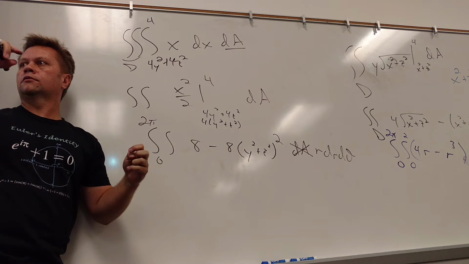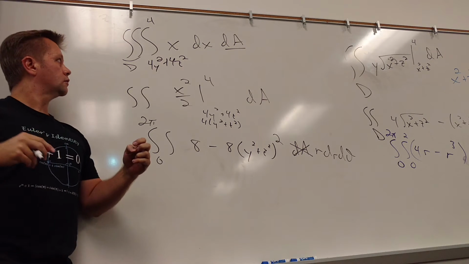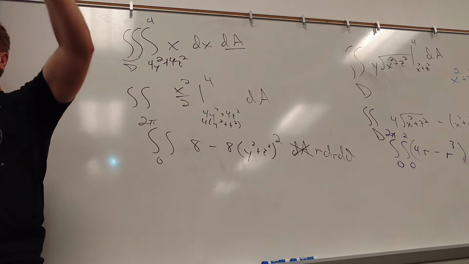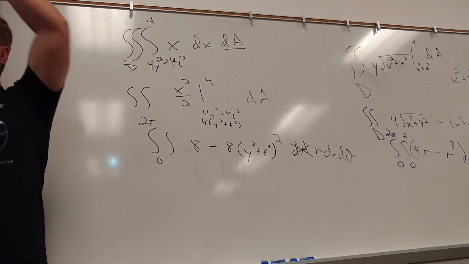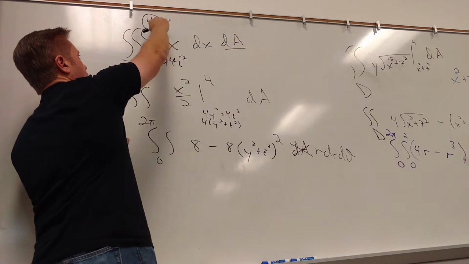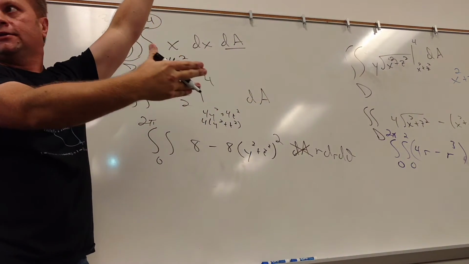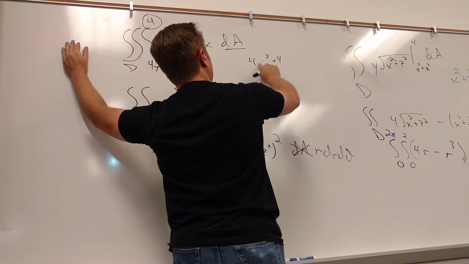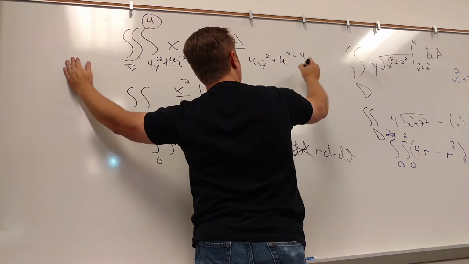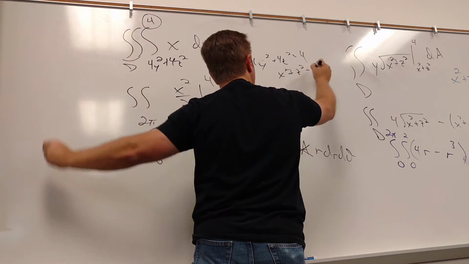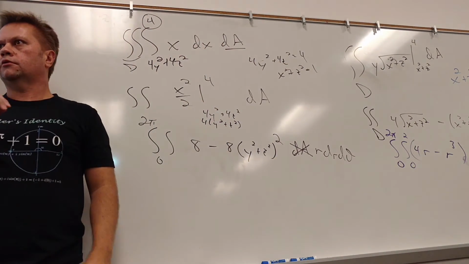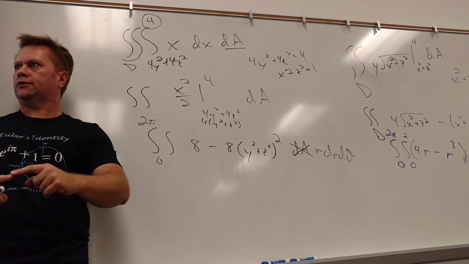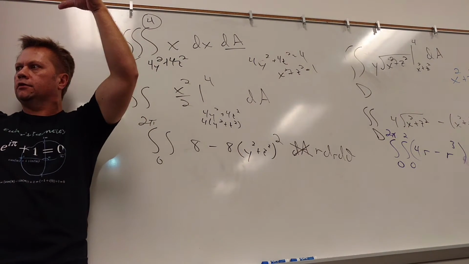Because when x equals 4, the radius of that thing is... Yes, I like it. So you want only the inputs that will actually have outputs. So when I get to the point where it's going to be open the widest, then I've got 4x squared plus 4y squared plus 4z squared equals 4, which is x squared plus z squared equals 1. So in your xz plane, it's just a circle of radius 1 that has all the outputs for this thing.